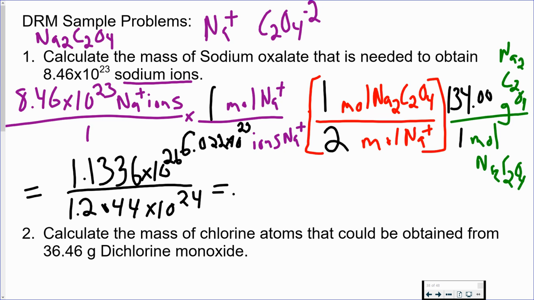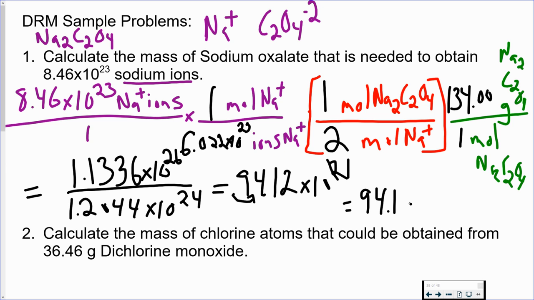This is going to give you 0.9412 times 10 to the second. So this is going to get brought back 2 spots, knocking this down to a 1. And then we're going to put it in regular formation. So if we bring this back 2 spots, it should end up right here, giving us a final answer of 94.1 grams Na2C2O4.